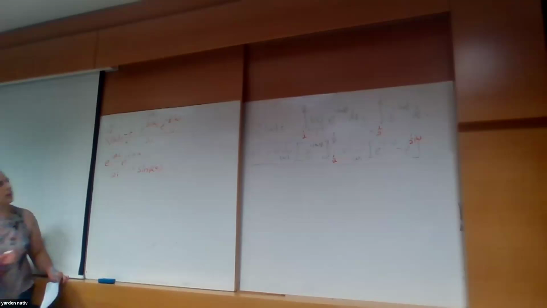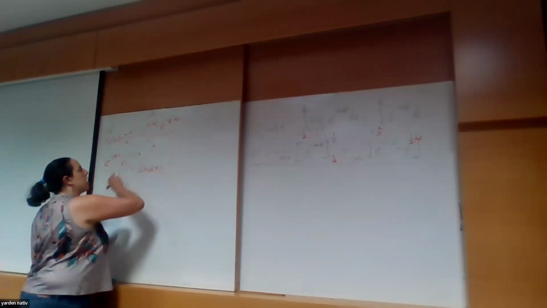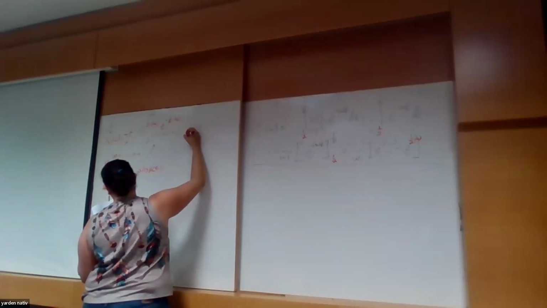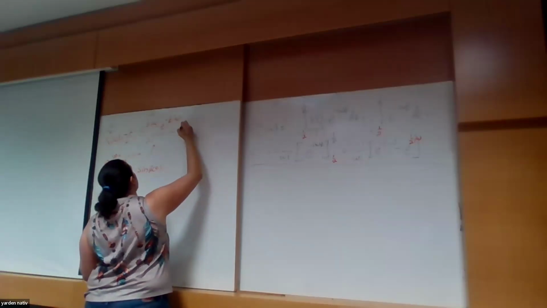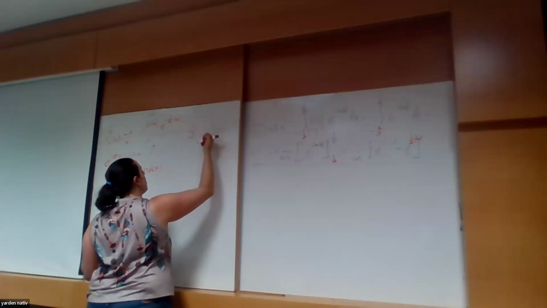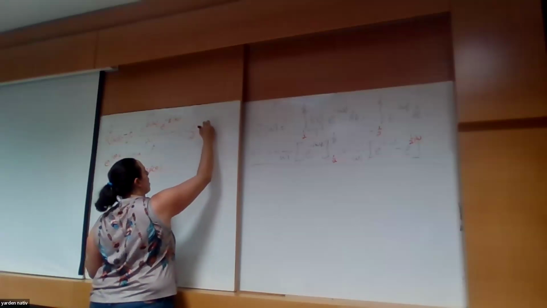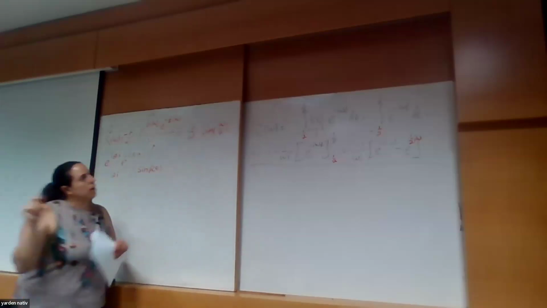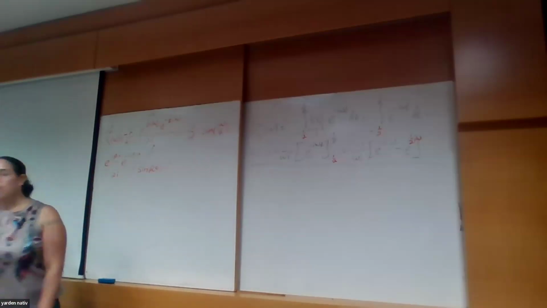And when I rewrite it like this, I can use this relation, and this equals minus 2 over omega multiplied by sine of omega over 2. And this function has a name.